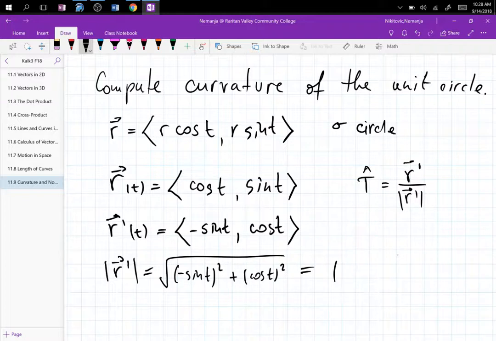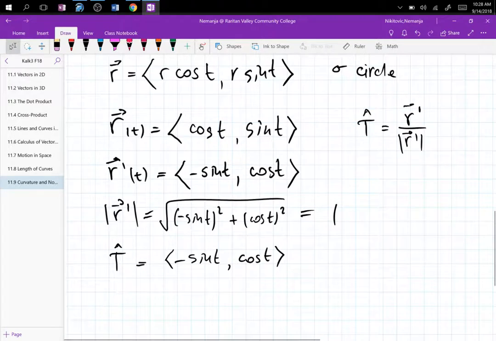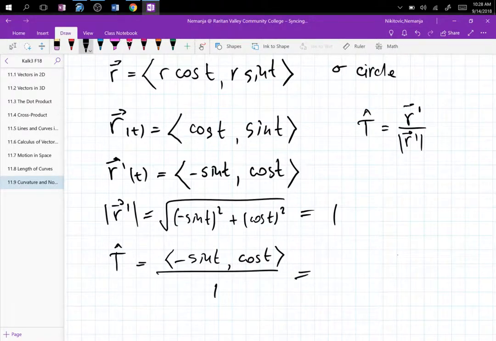Making our tangent vector negative sine t, cosine t, divided by 1, just negative sine t, cosine t. Great.